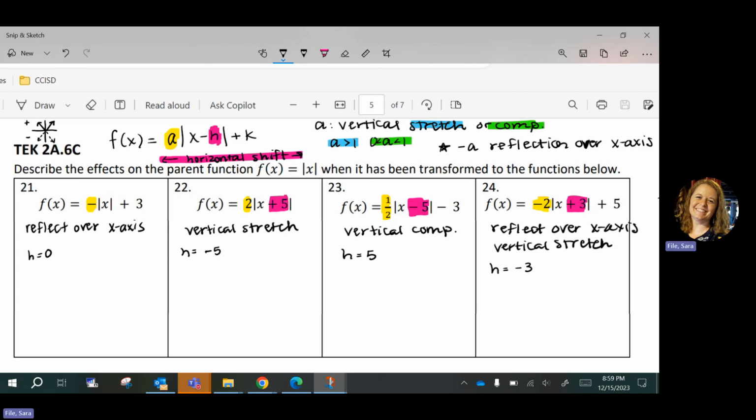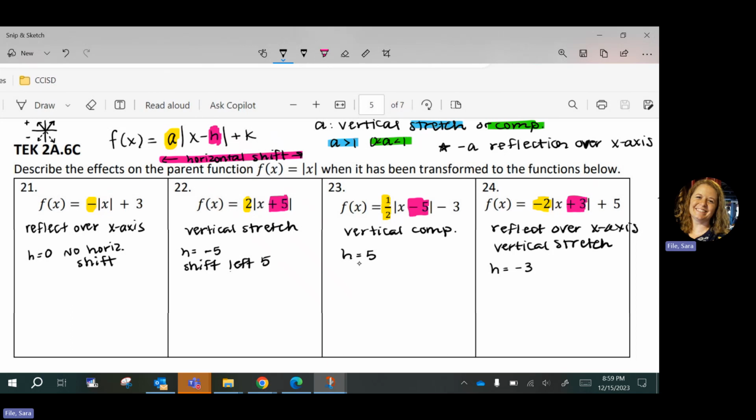Okay, so then looking at H, this one means there is no horizontal shift. A -5 tells me this is a shift left 5. Okay, so it's the opposite direction than you would think, because it says +5, that makes you want to think it's to the right, but it's the opposite, it's to the left, because H is actually negative. It's the opposite sign that you see in the equation.